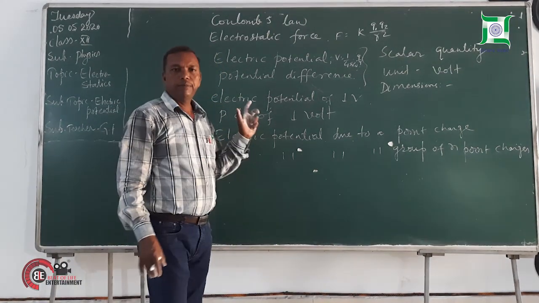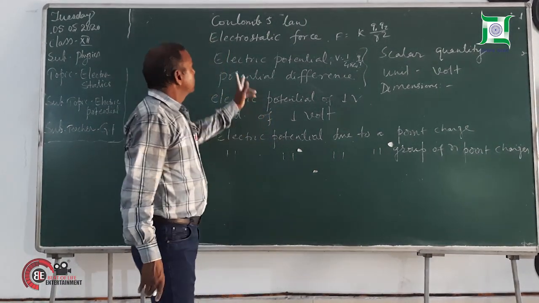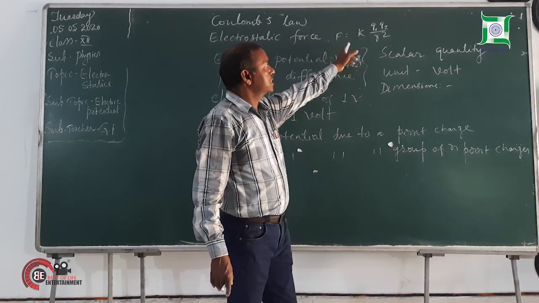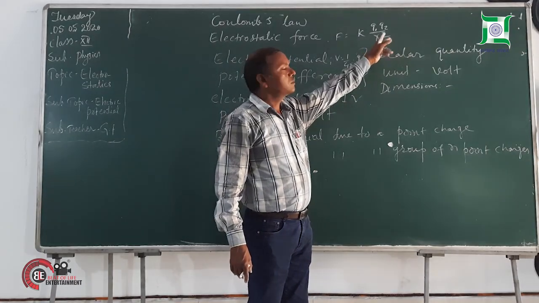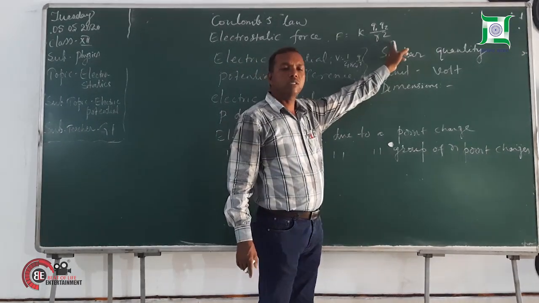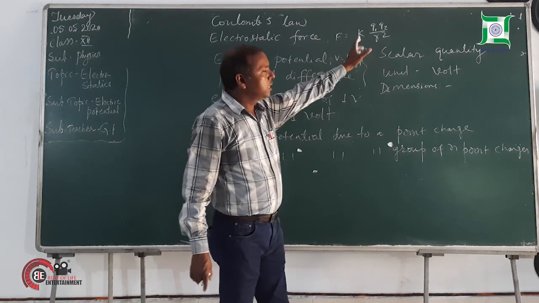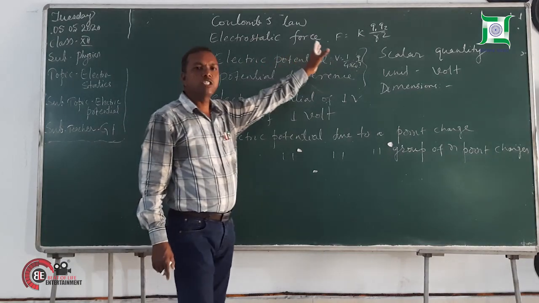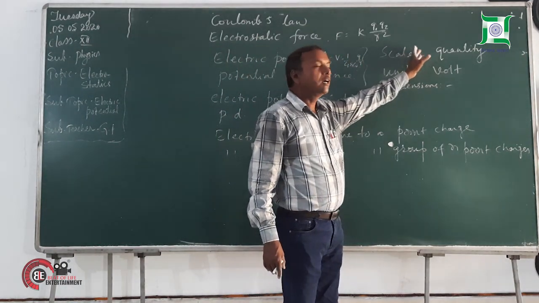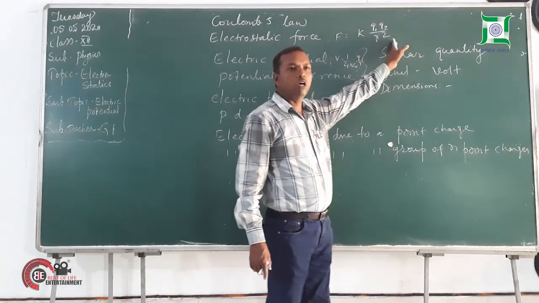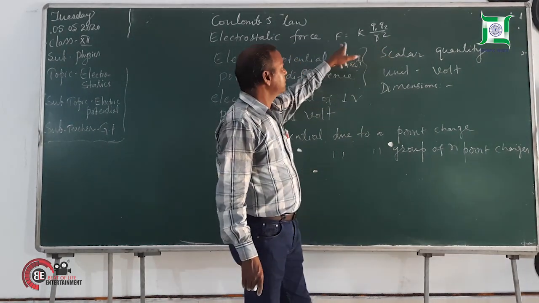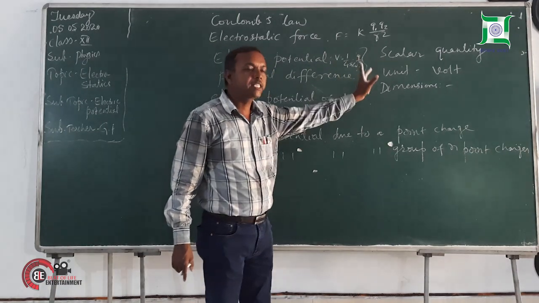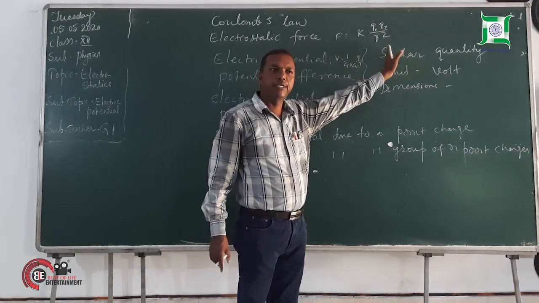In this class, we have understood Coulomb's law. Electrostatic force F is equal to K Q1 into Q2 by R square, a very important law proposed by the French military engineer and physicist in 1785.